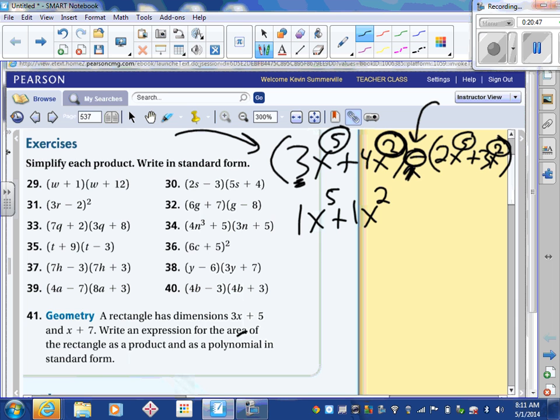Notice that I am subtracting them each time. So if you take one from the other and look at the sign, you will not lose any of your numbers. So it's 1x to the fifth power plus 1x to the second power. Is this in standard form? Yes. Do I have to move things around at the end? No, because I went from the highest exponent to the lowest exponent.